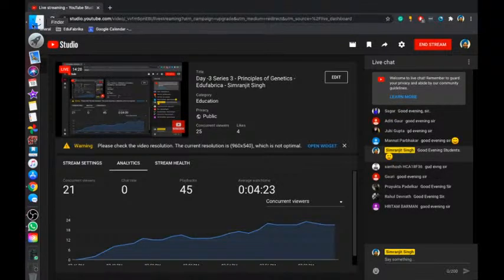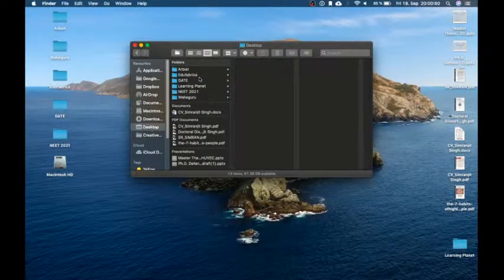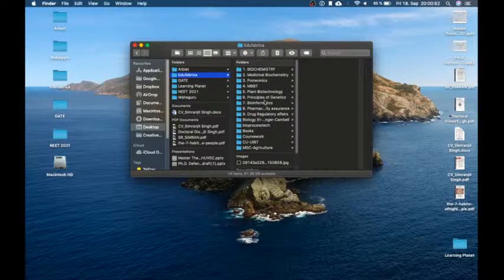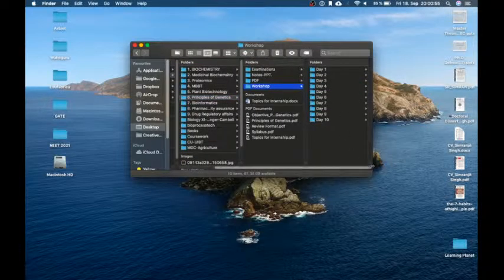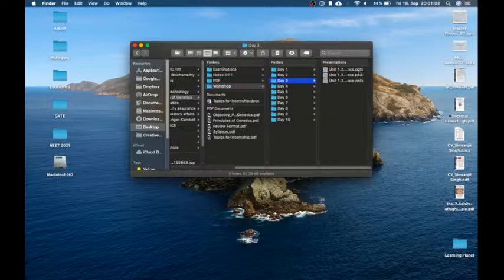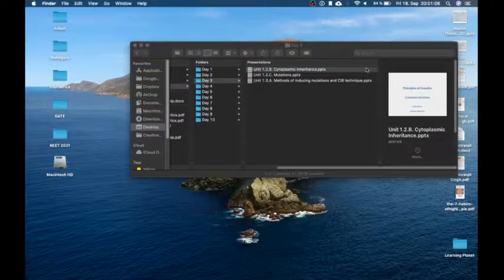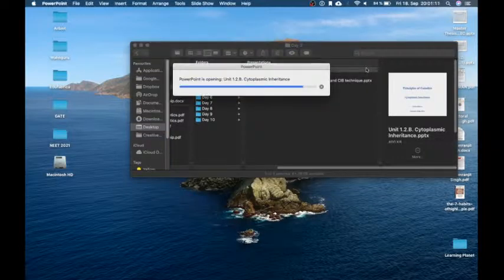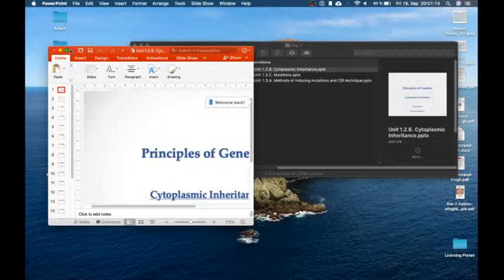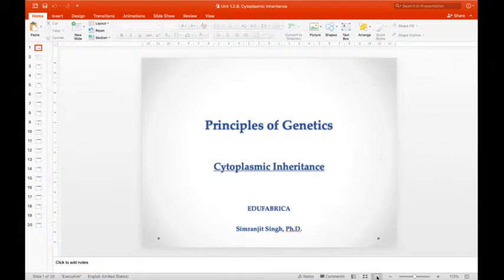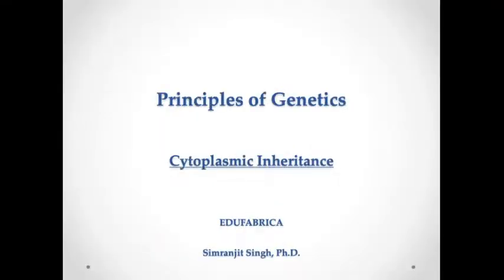So let's start first with cytoplasmic inheritance. Basically, students, in this topic we discuss that there is an inheritance happening because of the egg and sperm, like stamen and pollen.